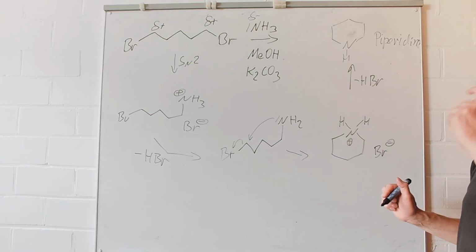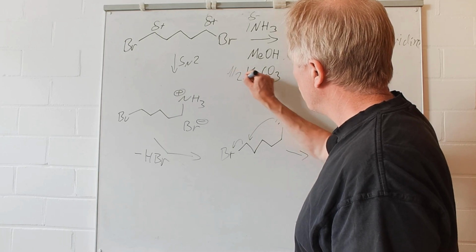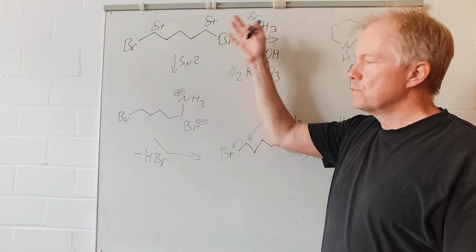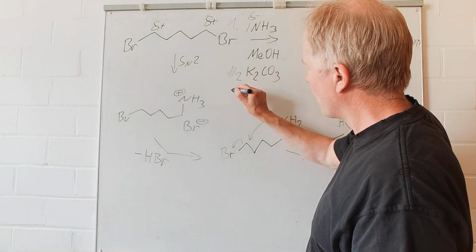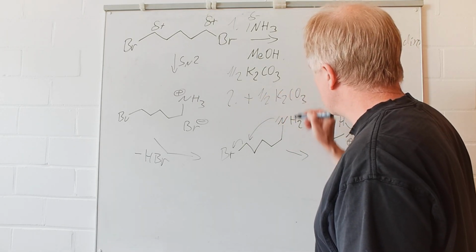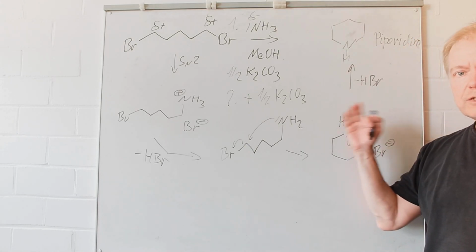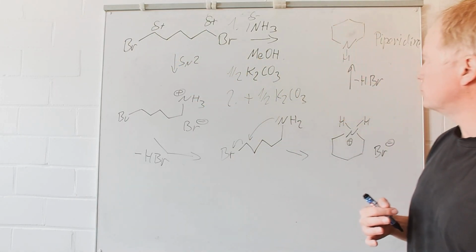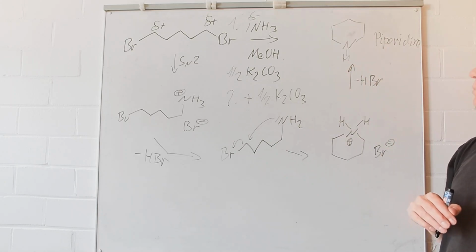You can achieve that if you apply only 1/2 equivalent of potassium carbonate in this first reaction step, and secondly add another 1/2 equivalent of potassium carbonate when you are sure that all the starting material has been already consumed. So, this is a possibility, a way to synthesize piperidine.